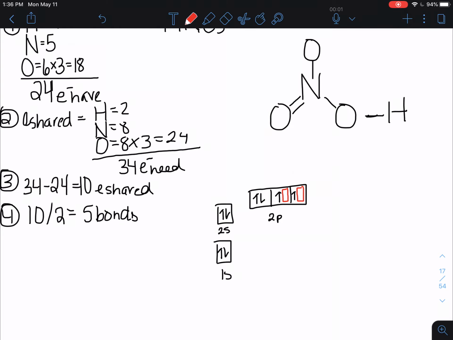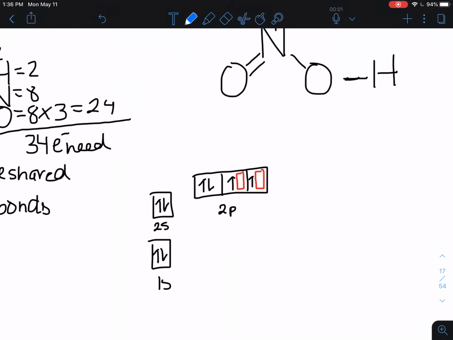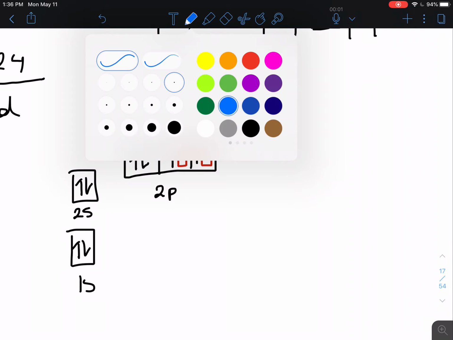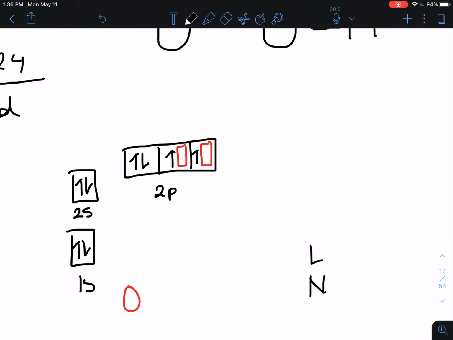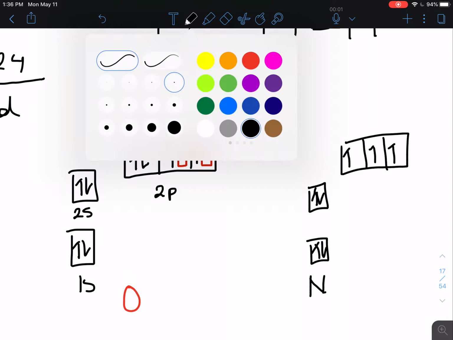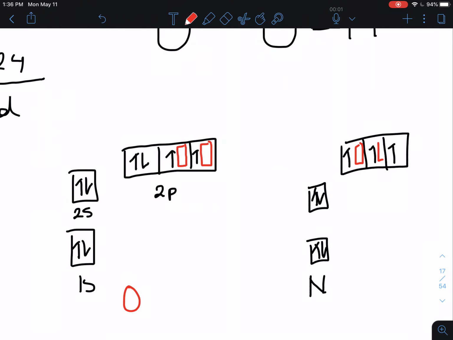If we were to look at nitrogen, for example, so this was oxygen, nitrogen has 1s, 2s, and 2p. Nitrogen has a filled 1s, a filled 2s, and then it has 5 valence electrons total, leaving room, those are my little vacant boxes, for 3 more electrons.